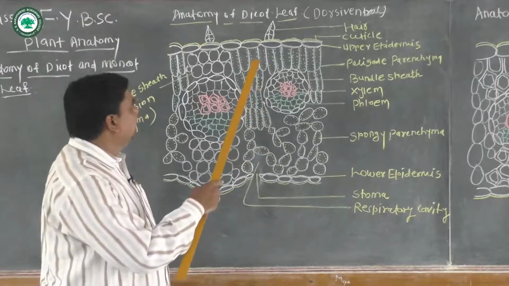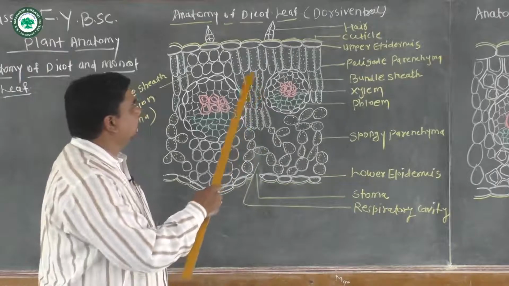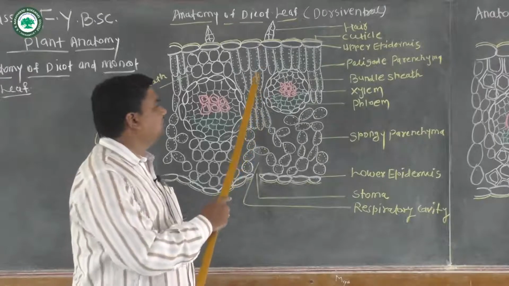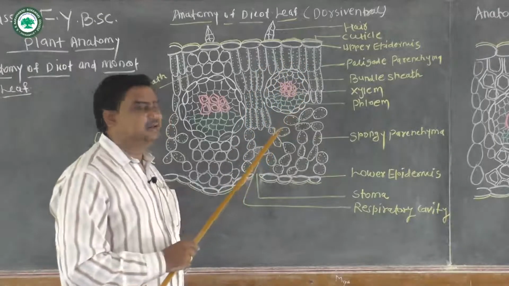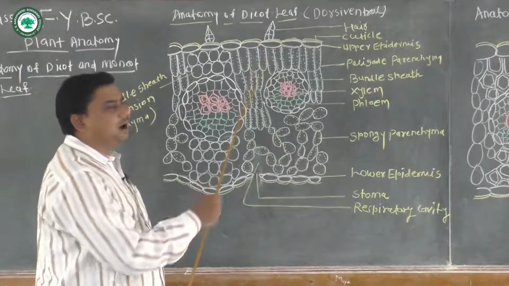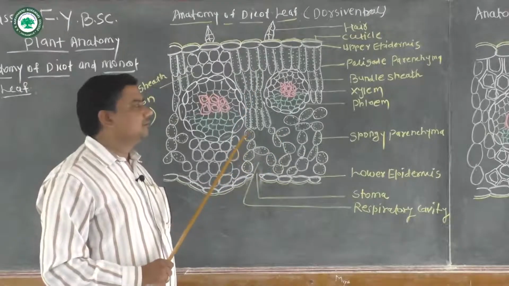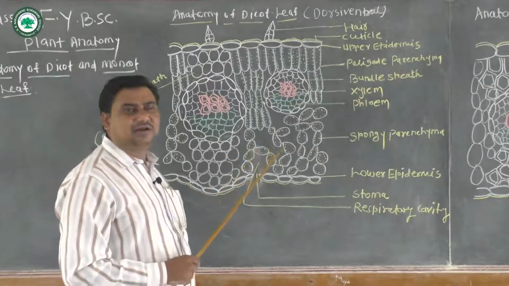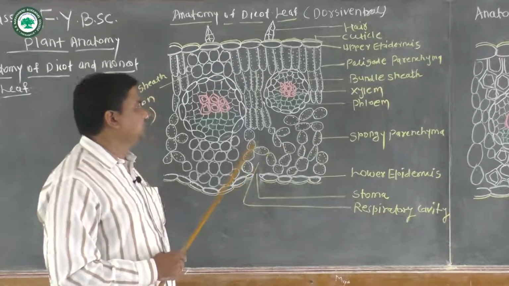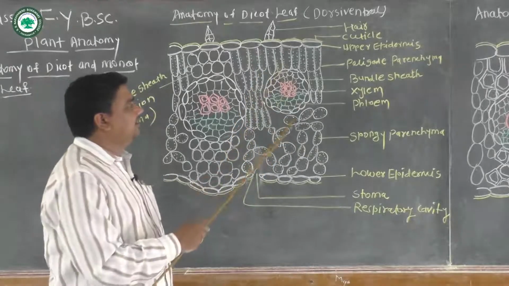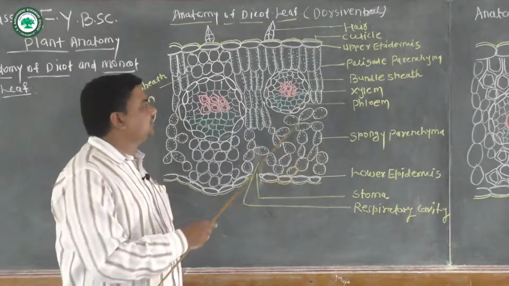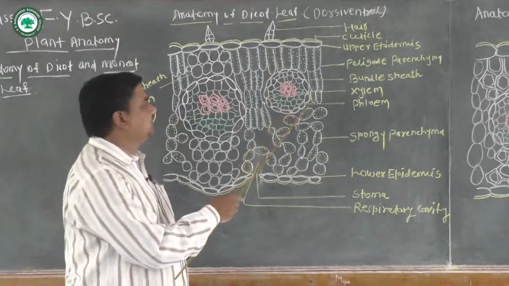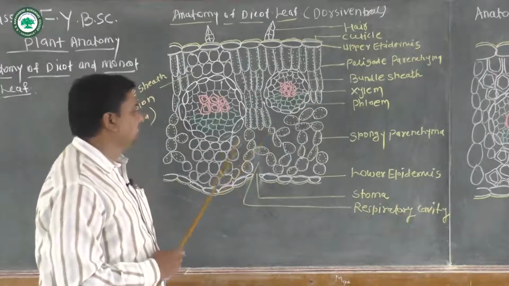Okay, then below the epidermis there is the palisade region, where the cells consist of parenchymatous cells, and these cells have an abundant quantity of chloroplast, so that photosynthesis occurs, or it helps photosynthesis. These are elongated cells made up of parenchymatous cells, so what we call the palisade parenchyma, or palisade cells made up of parenchymatous cells.